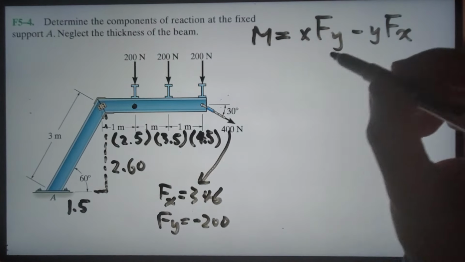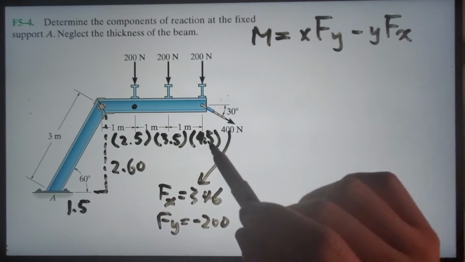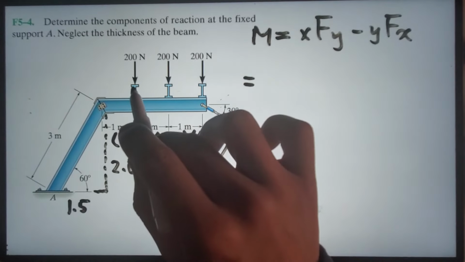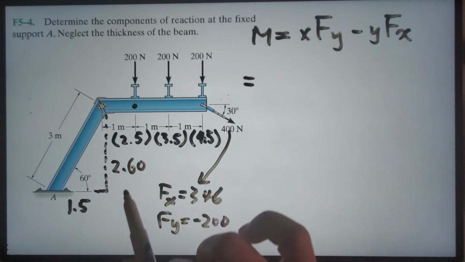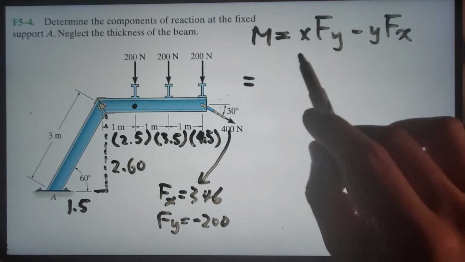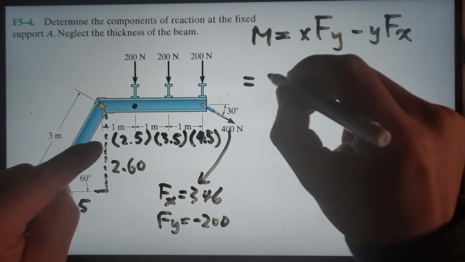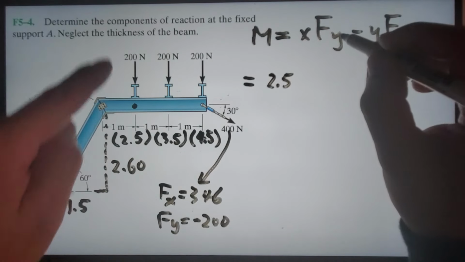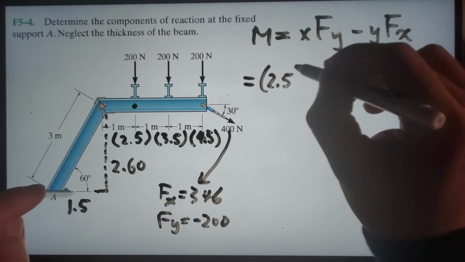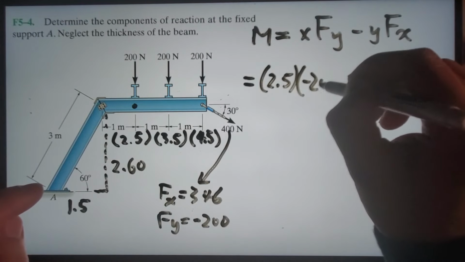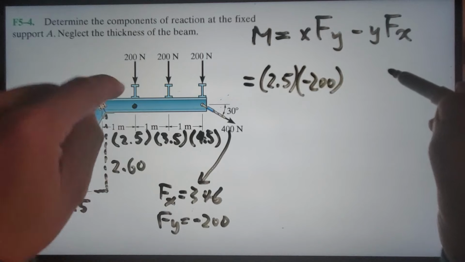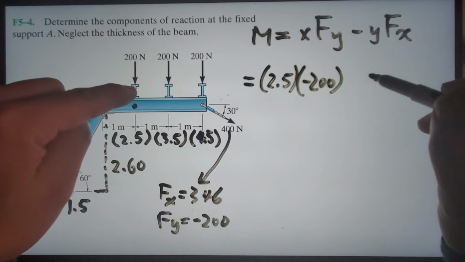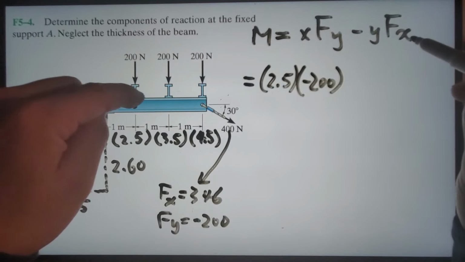Now I'm going to sum that up and see what the moment over here will be. With this force, it will be x times the force in the y direction. X is 2.5, force in the y direction is negative 200. The same force has the minus y component, 2.6 times F in the x direction, which is 0.